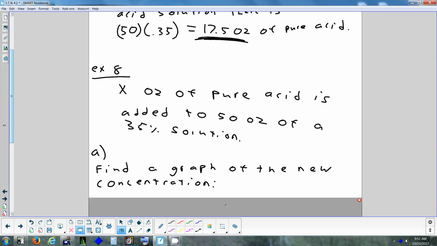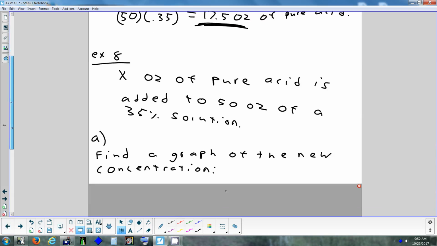As I add more and more acid, what can the concentration approach, but never reach? It can approach 100%, but you started with a solution that wasn't pure. So no matter how much pure acid you keep adding, it'll get stronger and stronger, but there's always going to be a little bit of the original left that wasn't pure acid.